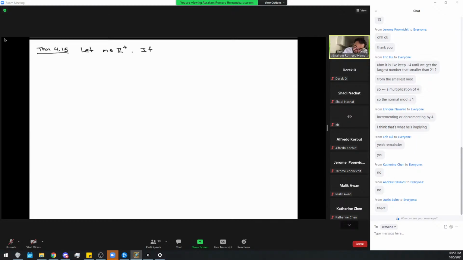If a is congruent to b modulo m, and notice that if I say modulo, I'm talking about this type, the one with the congruence, and c is congruent to b modulo m, then we have two conditions. Then a plus c is equal to b plus c modulo m.